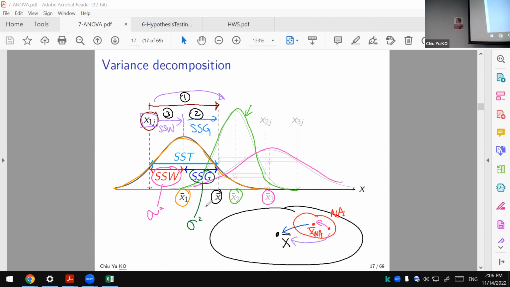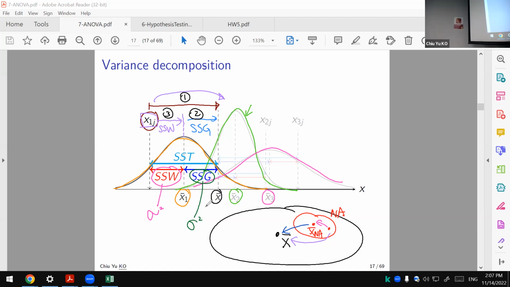So we are comparing the variance measured by this over this. Later we'll write it out, but the idea is that if there is a difference, this will be big. That means we're doing a one-sided F test, the right-hand side. We'll go there, but that's the idea.